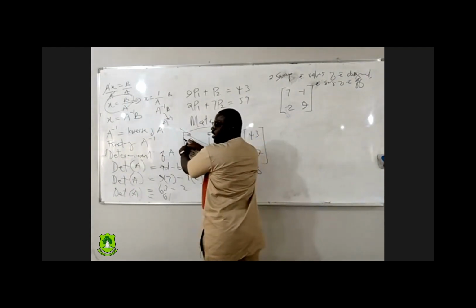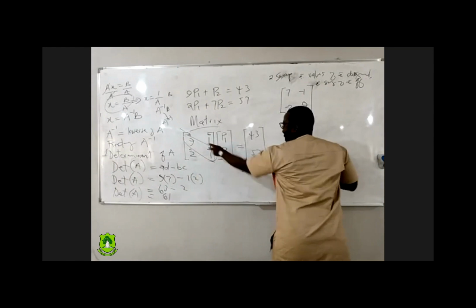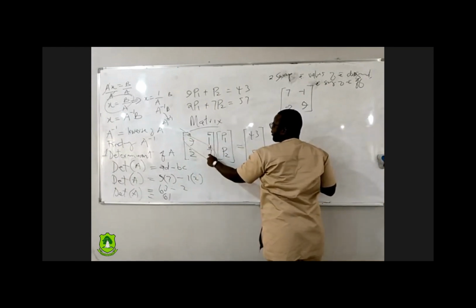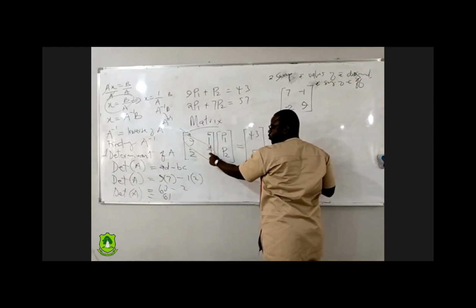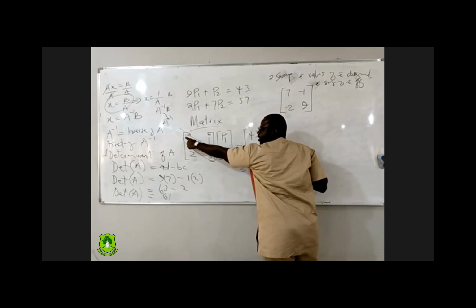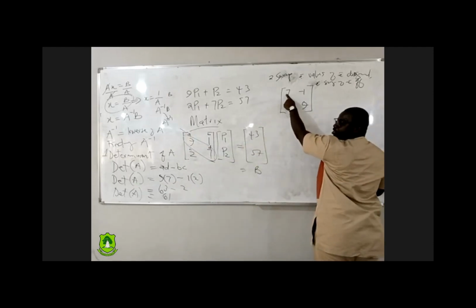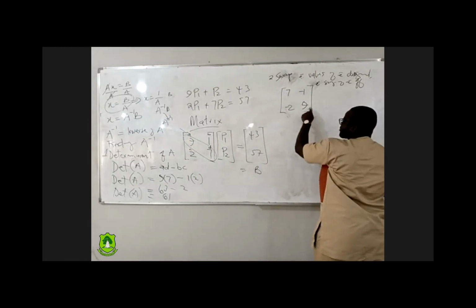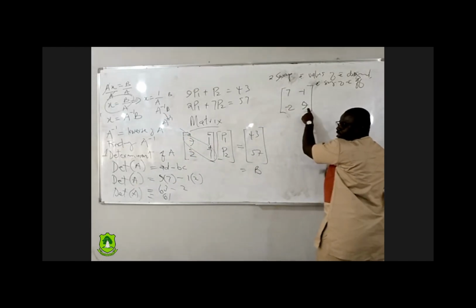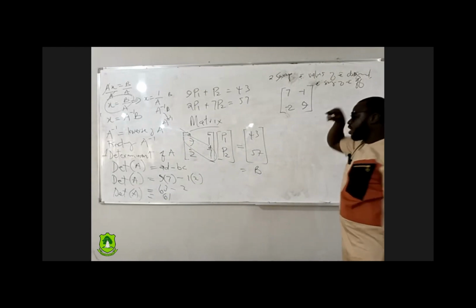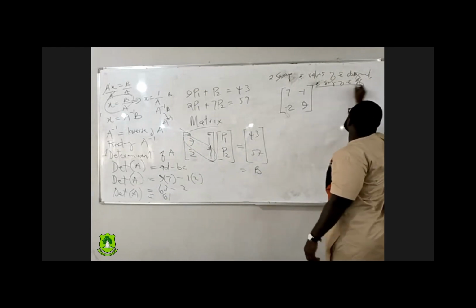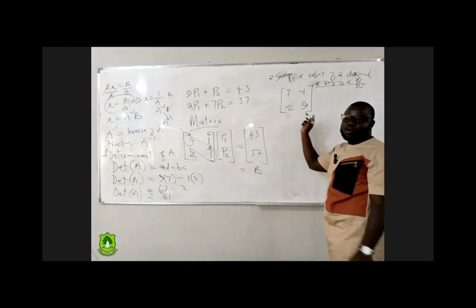And wherever that is here, we'll put it here. 9 initially is now 7. 7 initially is now 9. So an off diagonal is to change the sign of the off diagonal.